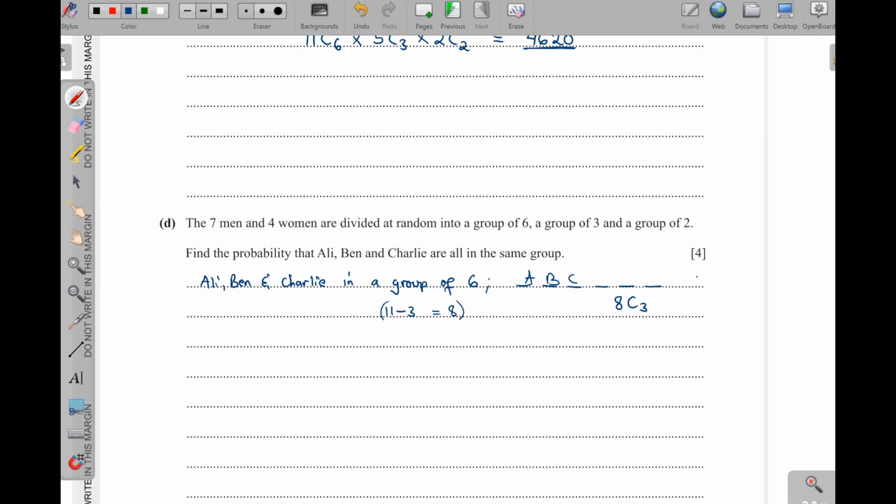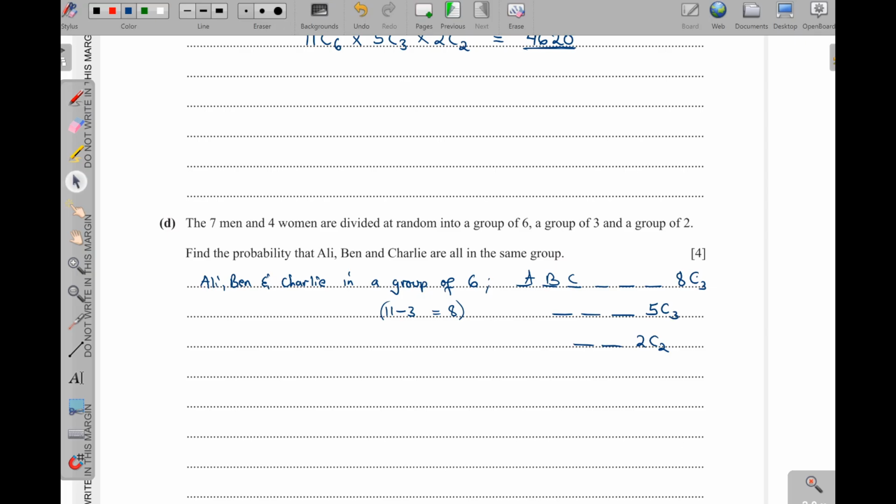Out of the 8, you only need 3. Then there is a group of 3, 1, 2, 3. And there is a group of what? 2. So from here, now you have 5. Not so? So from the 5, you choose 3. Are we there? And then the 2 that are remaining, then you will put them where? Here. Is that okay?